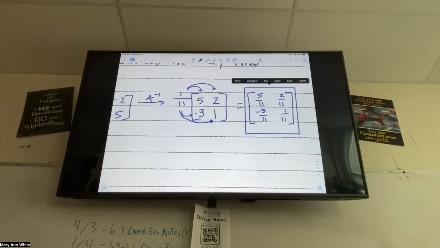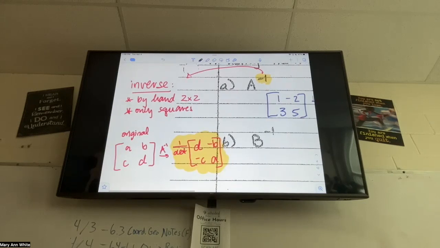Now, we're gonna eventually use the inverse more than that, but that's all I'm asking for right now. You go back to the notes, you know the notes. All right, if you think you got that, I want you to try the inverse for matrix B. You good, Michael?